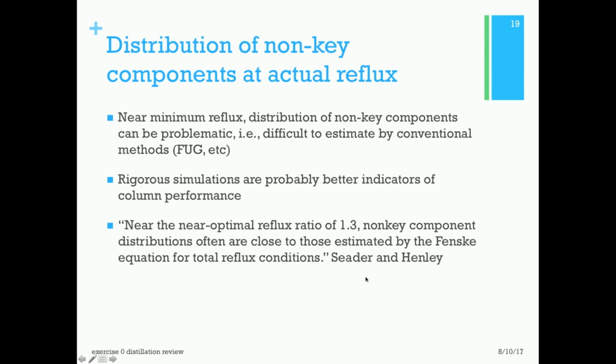What people have found is that the rigorous simulations are better indicators of the column performance. Typically, if you don't know anything else, you would choose a reflux ratio of 1.3. That could get you started, but the best thing is to do the rigorous simulation.